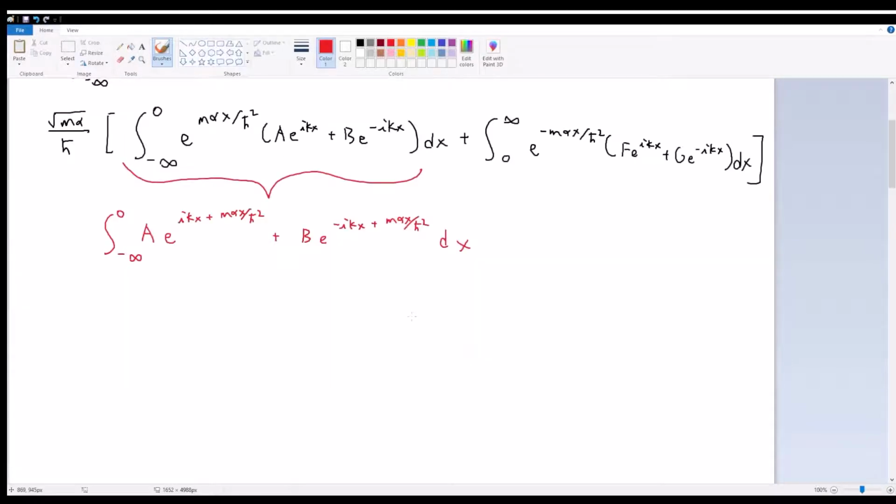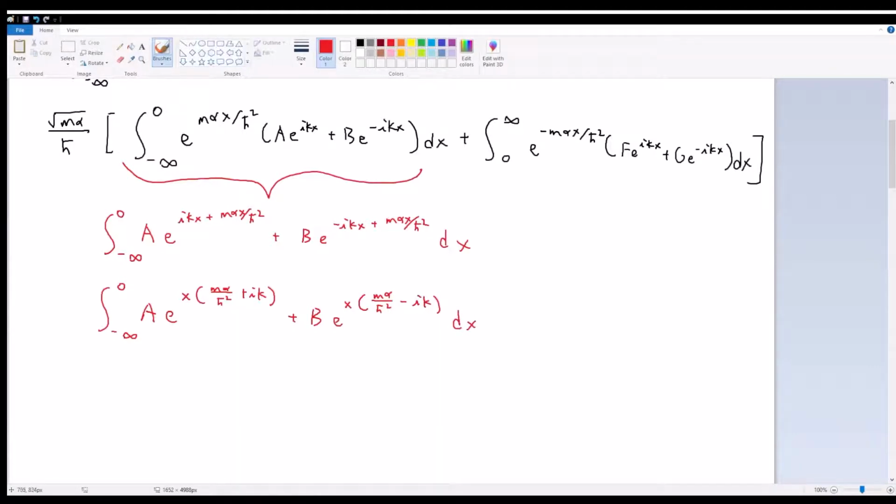We can combine terms here, and since this is an integration in terms of x, we can split out the x and keep everything else as a constant. So negative infinity to 0, and then we have a times e to the x times, let's switch the order here, m alpha divided by h bar squared plus ik, plus b times e to the power of x, and then m alpha divided by h bar squared minus ik, closed by dx.